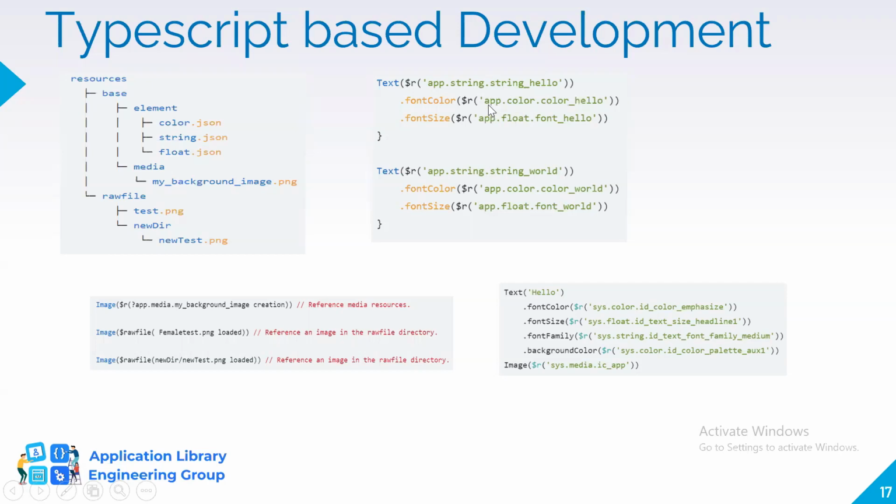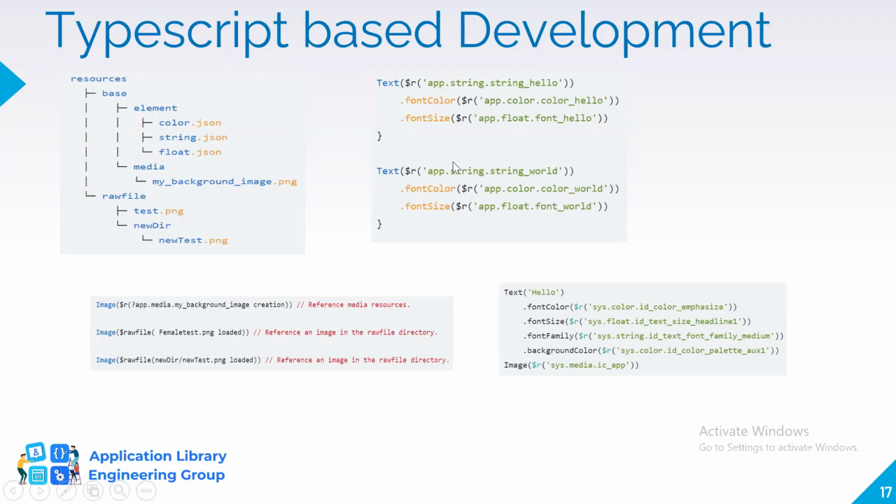So this is the syntax to access the resources. So these are for the elements. And if you want to access the media folder, app.media dot the image name. And for the raw files, you have to use $rawfile.